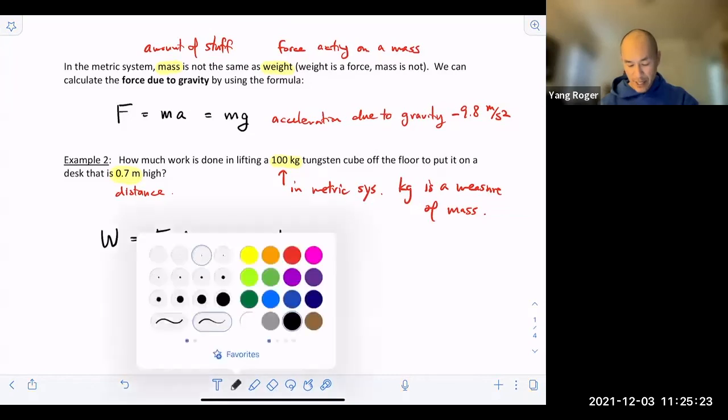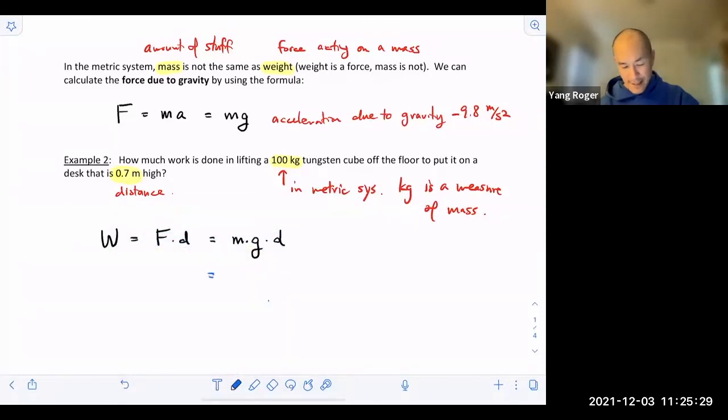So in this particular case, my mass is 100 kilograms. My gravitational force, you could put the negative 9.8, or you could just put the 9.8. You're working against gravity, right? So you're moving in a direction opposite of gravity. And the distance we have is 0.7.